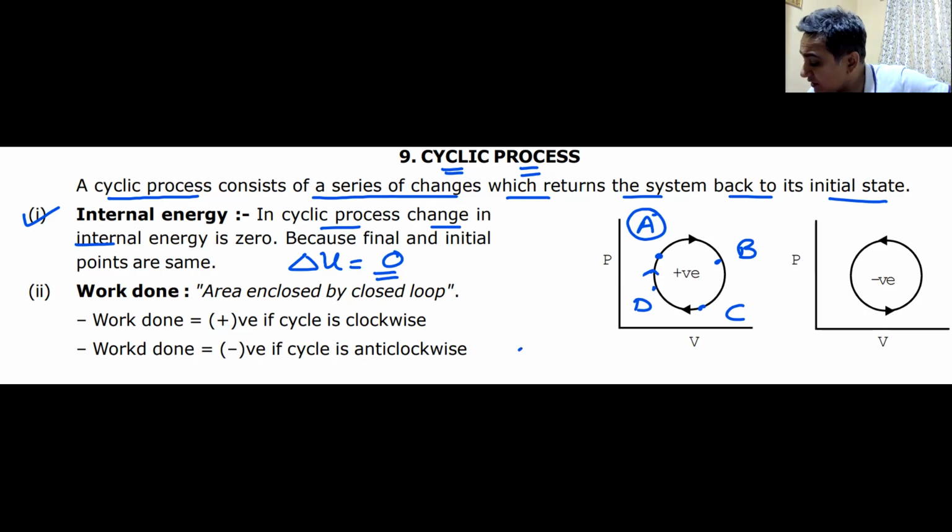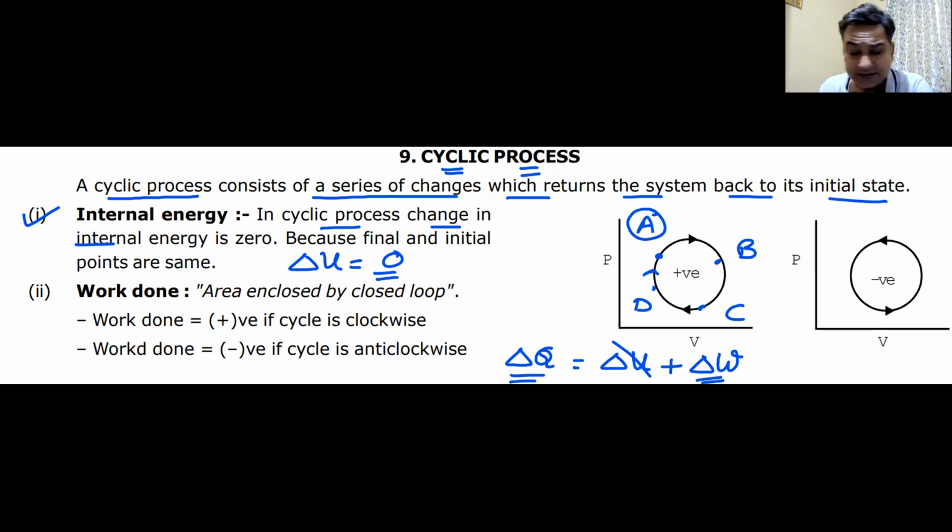Now, if change in internal energy is zero, then delta Q, which is equal to delta U plus delta W, the first law of thermodynamics, with delta U zero, means delta Q will be equal to delta W. Do we understand this? For a cyclic process, heat given is the same as work done. Do we understand this?